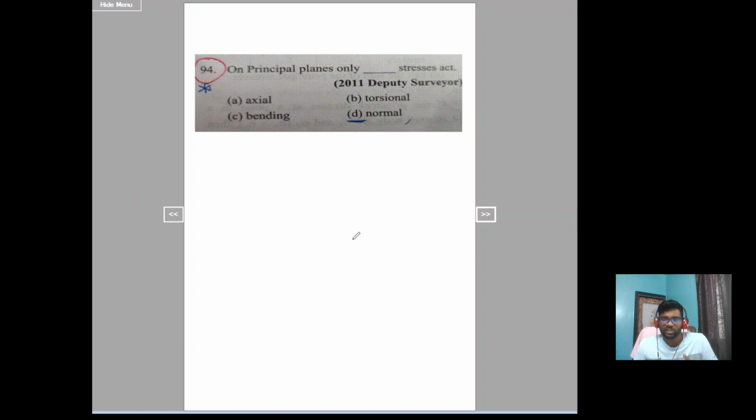This normal stress can be due to axial loading or due to bending, and due to torsion you will get shear stresses. But we are not bothered about whether that normal stress is due to axial loading or bending. We are just interested in whether it is normal stress or shear stress. So on principal planes we only have normal stress, we don't have any shear stress, so option D is correct.